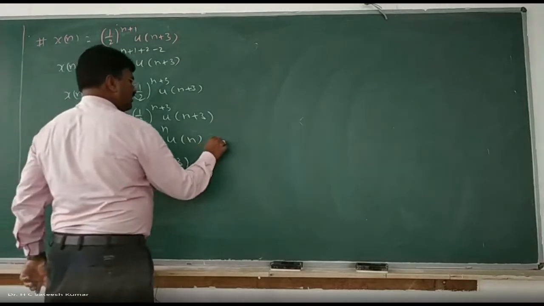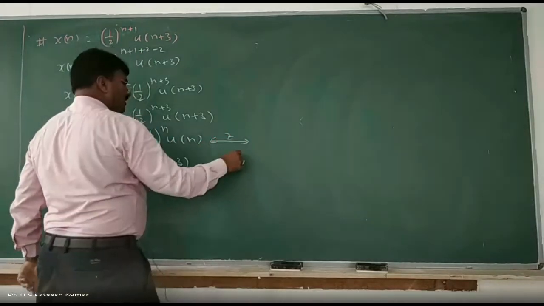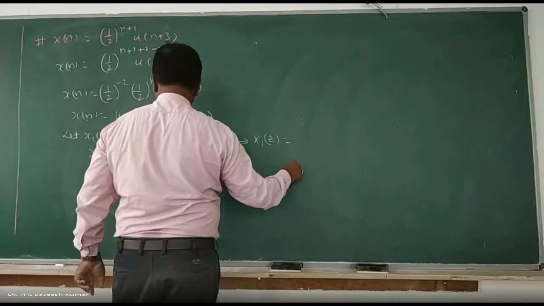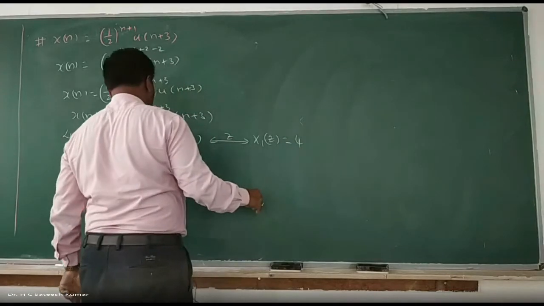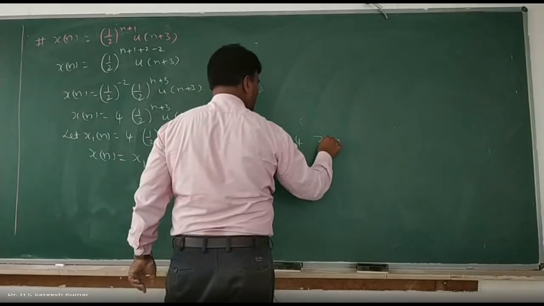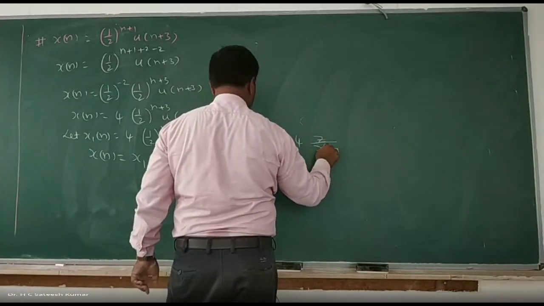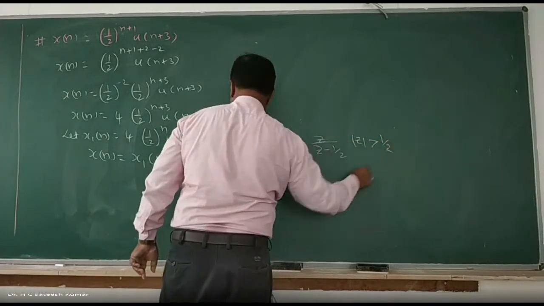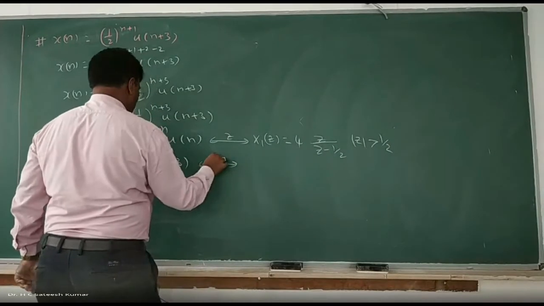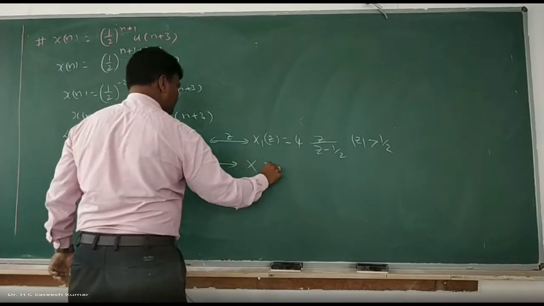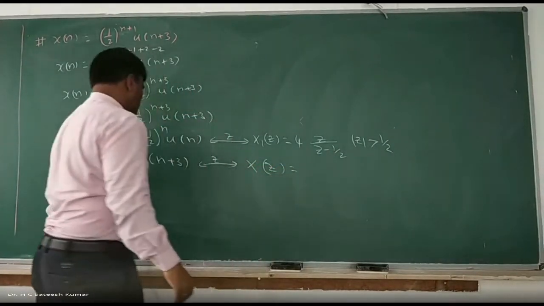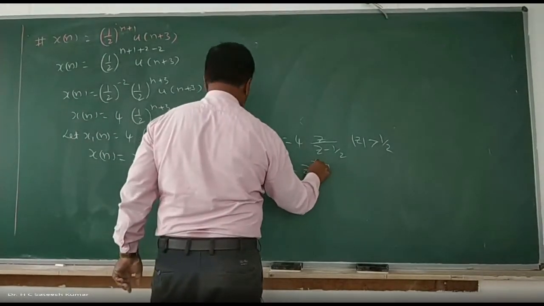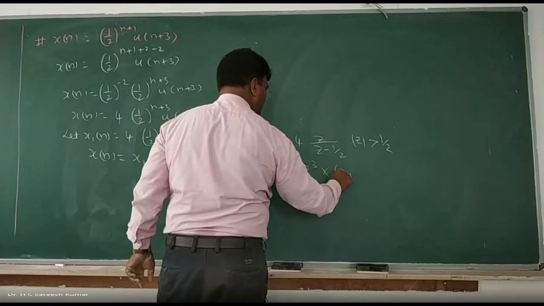So find the z transformation of it. x1 of z is equal to 4 into z divided by z minus 1 by 2, my standard relation a power n, with ROC mod z greater than 1 by 2. Z transformation of this one is what? X of z is equal to z to the power of 3, time shift property, z to the power of 3 into x1 of z.